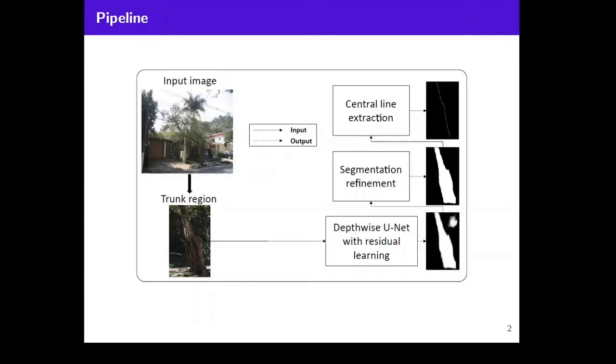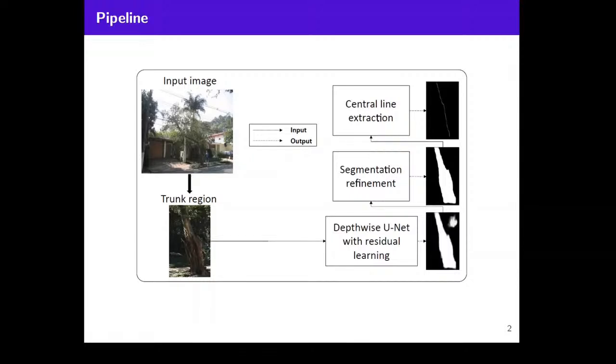And finally, we perform the extraction of the central line of the trunk by using a simple approach that computes the average points of the left and right boundaries of the segmented region. The final results can be used in the future to calculate the trunk diameter and its angle, for instance.